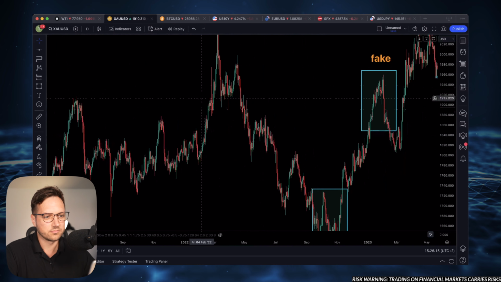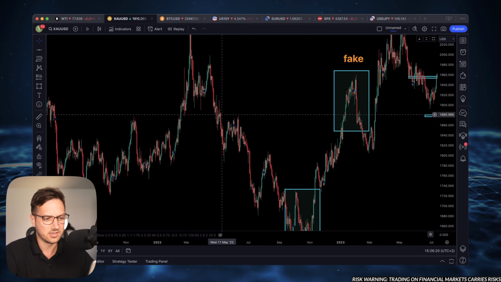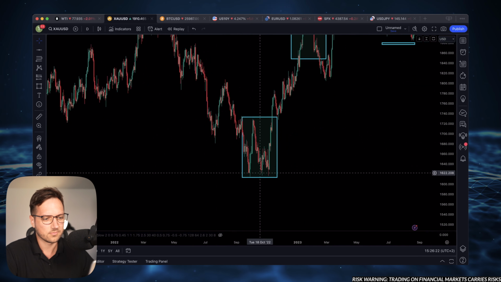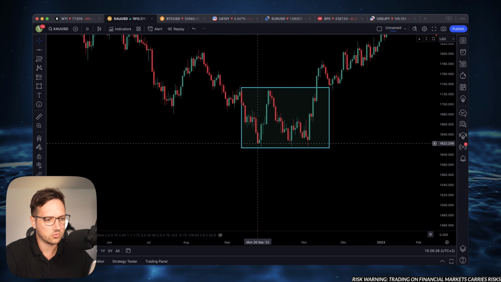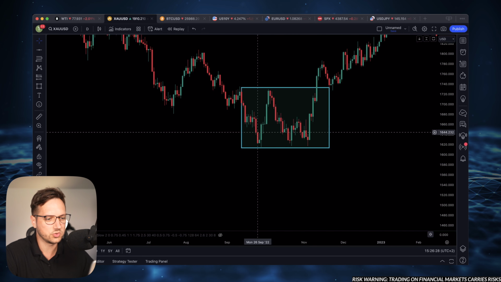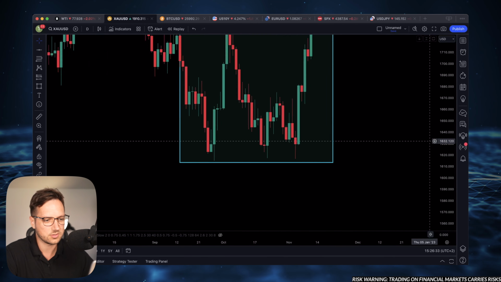We look to the left, and we see, we could say, a mid-term downward move. The price went over here. We have those two red candles. Let's zoom in.